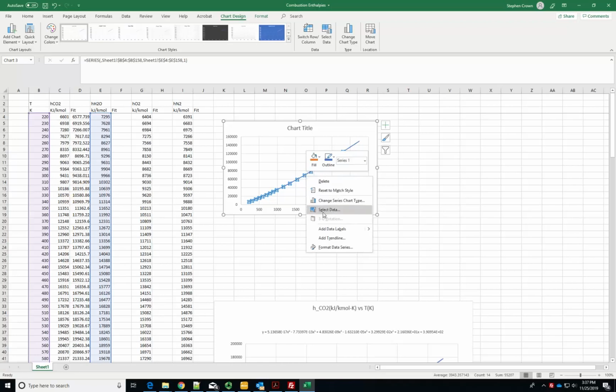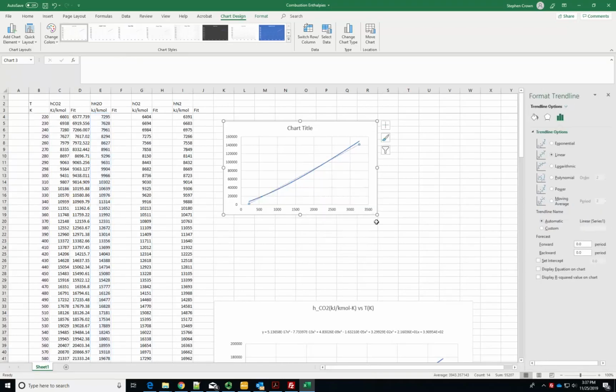And if I right click on that and add a trend line, choose what kind of trend line. I'm going to choose a sixth order polynomial, which is as high as you can go with Excel. I'm also going to display the equation on the chart.